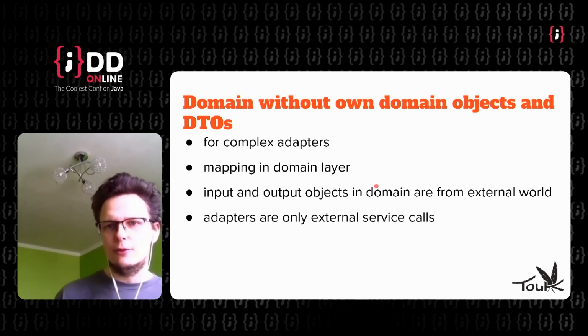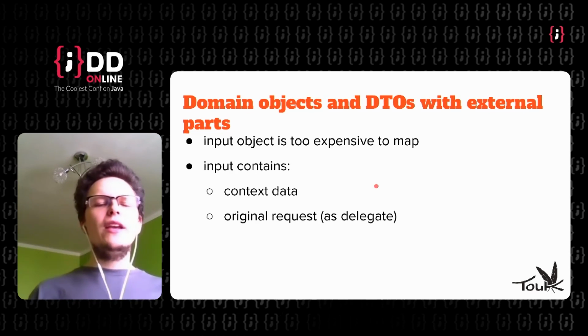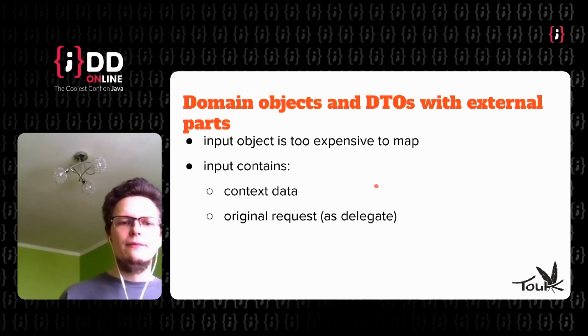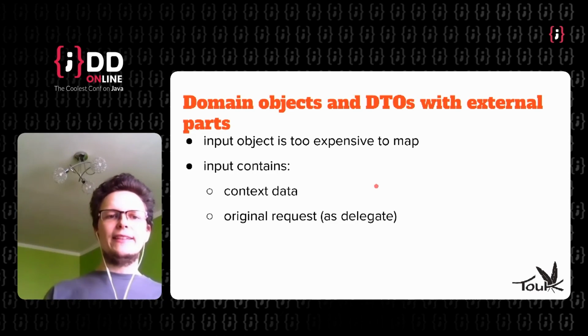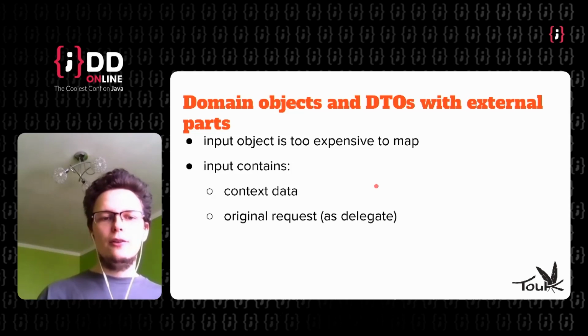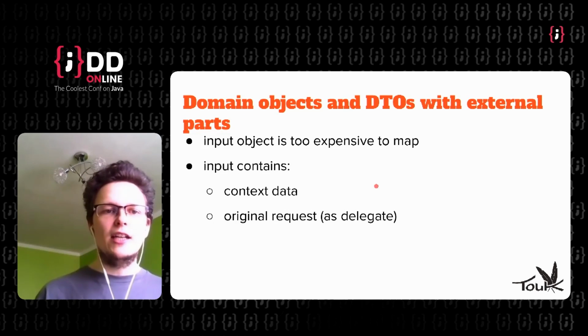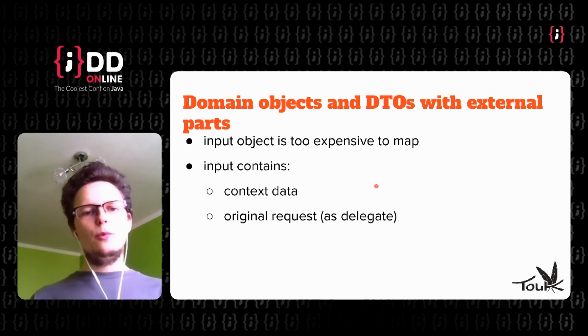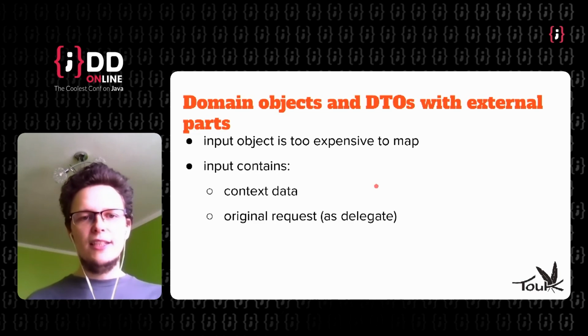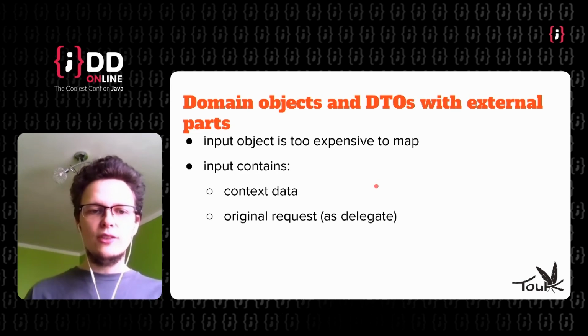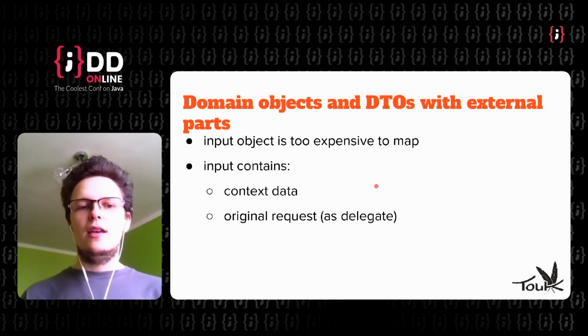existing adapters, for example. We could have our domain DTOs or domain objects, which have some external parts. So for example, because mapping input could be expensive for us, we could put such data, for example, in some context data, some original request field in our DTOs, and not map them in our code.